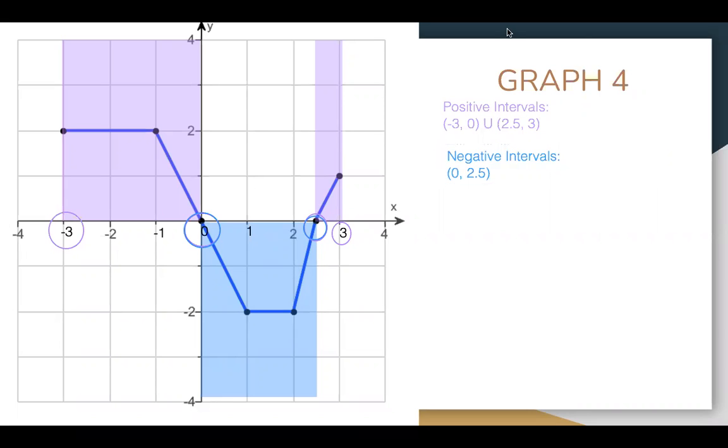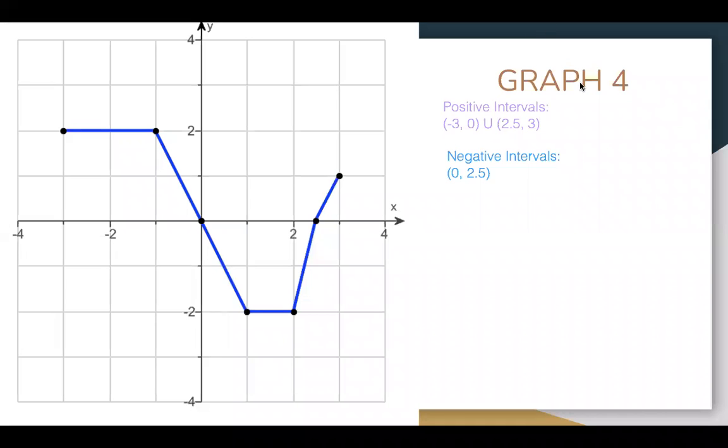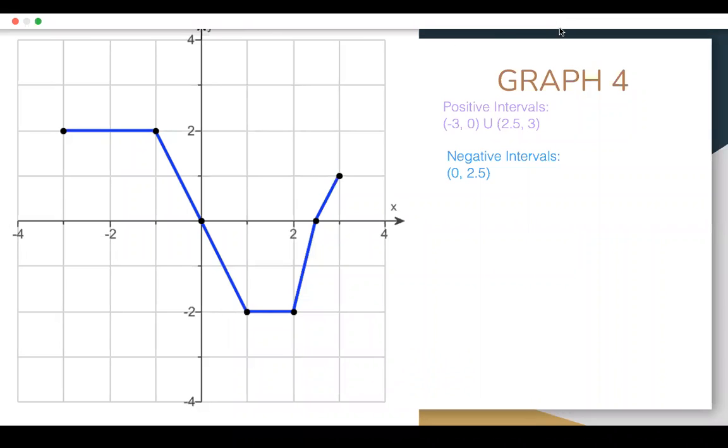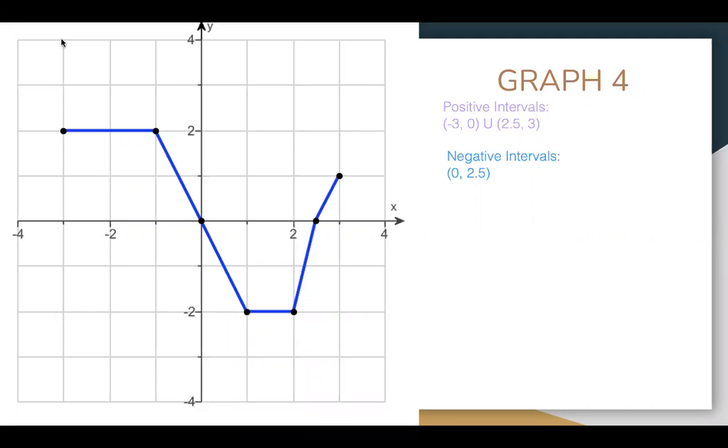Now we can do increasing, decreasing, and constant. Our graph starts going up, so we begin by increasing. Actually, I lied, it does not, it starts constant. So when our graph begins, we're just going straight from here to here.